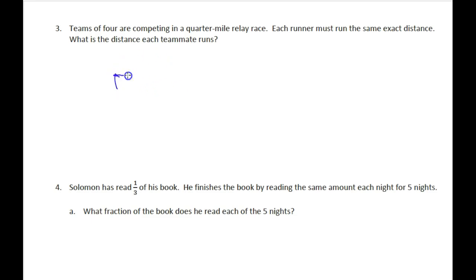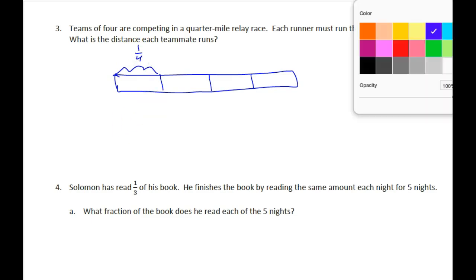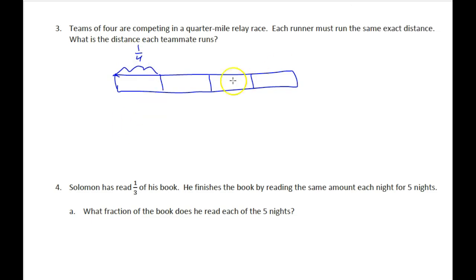So let's go ahead and start with, here's the whole mile. And we're going to break it into quarters. And we're going to kind of ignore these ones, because that's not what we're running. We are running this 1/4 of a mile. But in order to say how much each person is going to run, we have to think of it in terms of the mile as a whole.